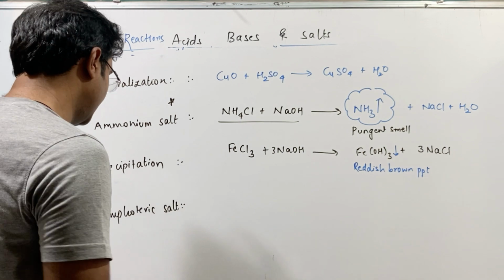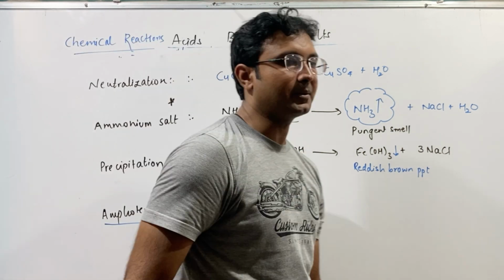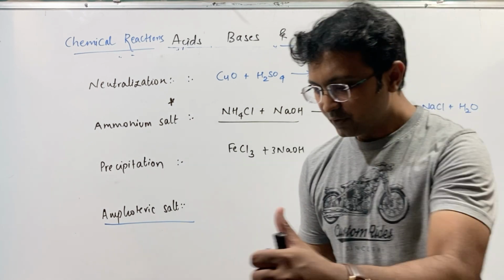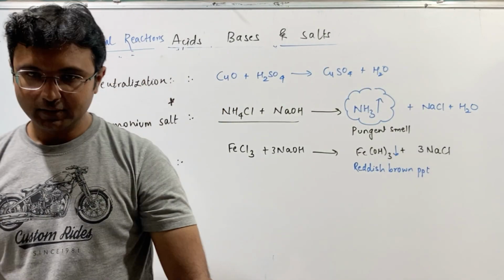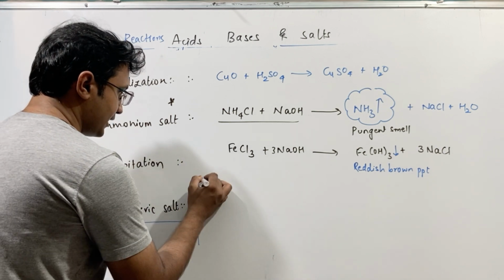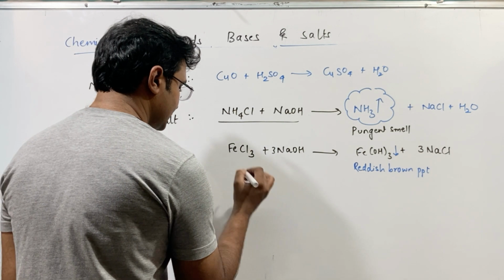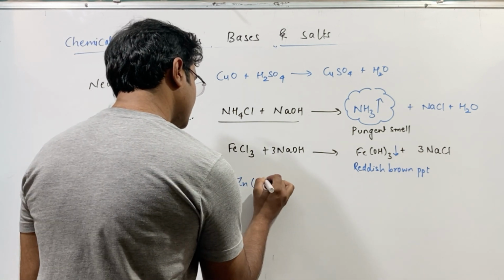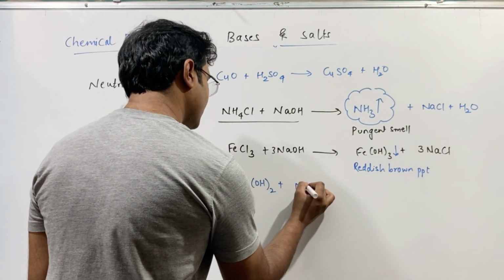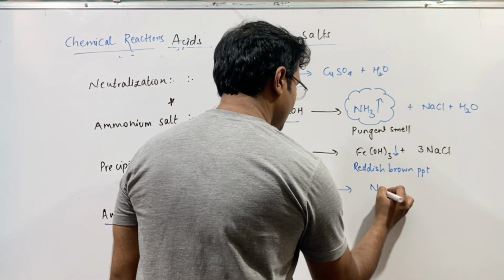Now the last one, amphoteric salt. Again this is same as chapter number 4, analytical chemistry. Which are the amphoteric ions in your syllabus? You will have Zn, Pb and Al. So if I take Zn(OH)2 and I use excess of NaOH with this, it will form Na2ZnO2.